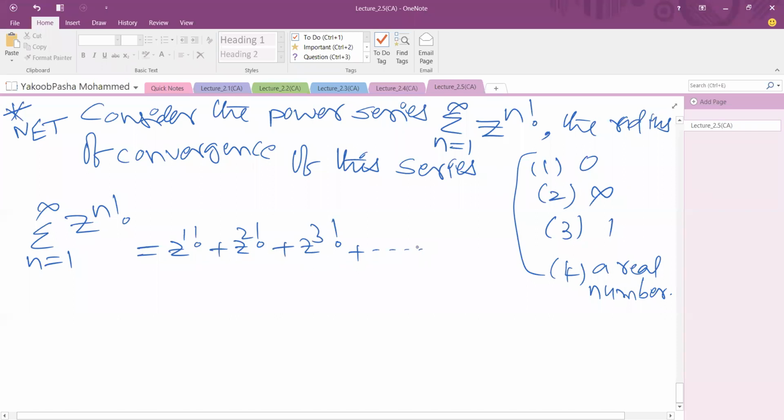I'm taking the z power 4 factorial also, for getting complete idea. This is nothing but z, and second one is z power 2 factorial means z square, and z power 3 factorial means z power 6, z power 4 factorial means 24, plus and so on.